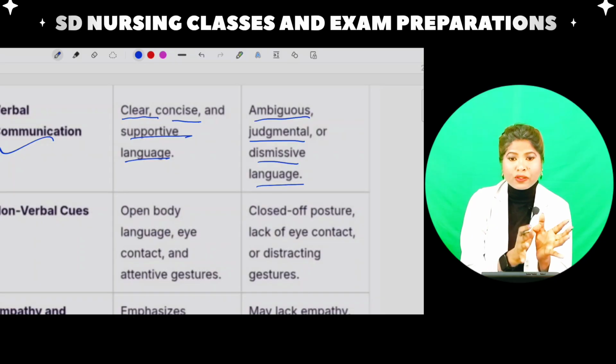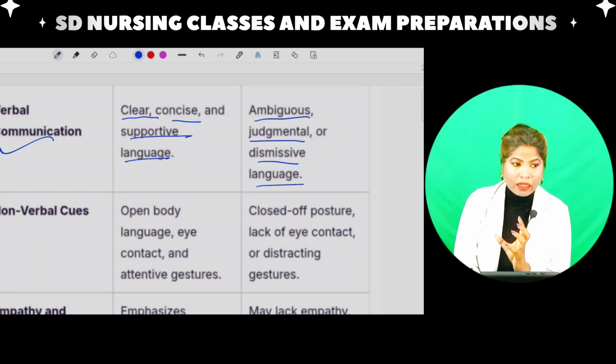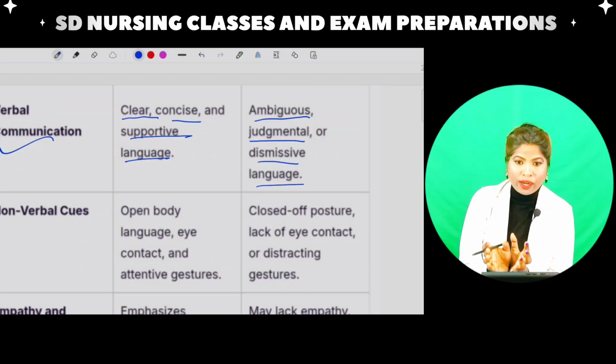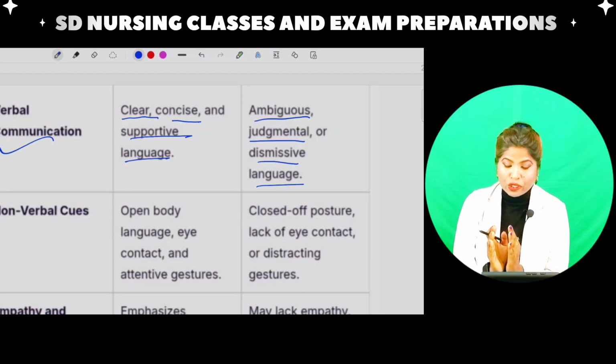You are saying something differently, you are not listening to the patient, and you are judgmental, showing rudeness to the patient and only asking questions, interrogating the patient. So this type of thing is totally non-therapeutic communication.